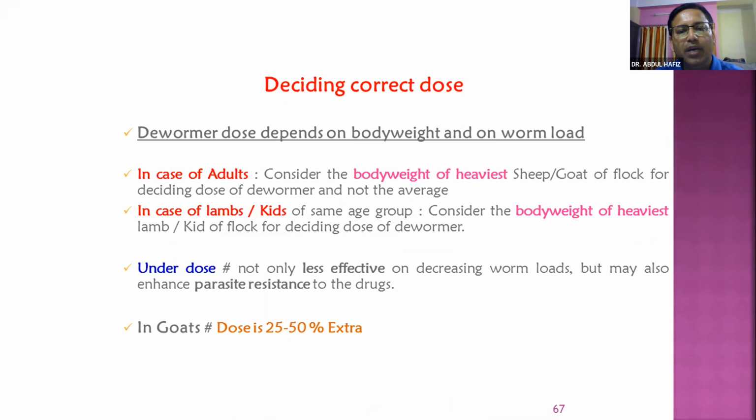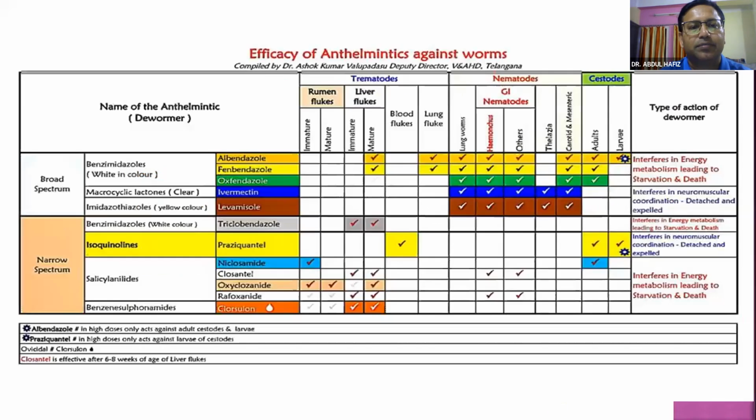That means we have to be very cautious in selecting the proper anthelmintic and proper dose, avoiding underdose and overdose. We should not use anthelmintics frequently. Prior to deworming, we have to do fecal examination, and after that use the anthelmintics.